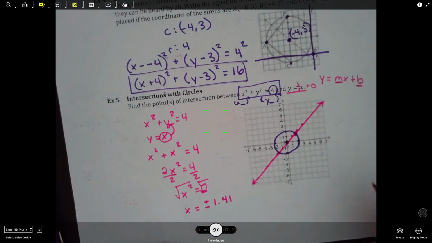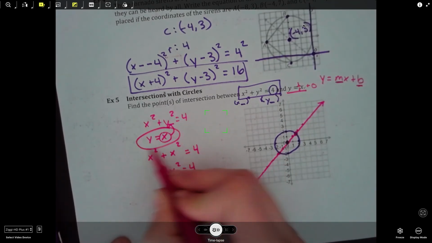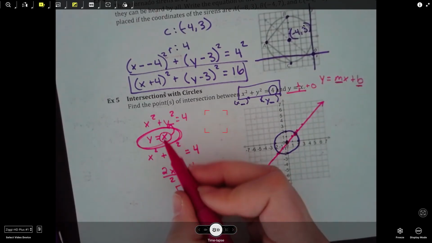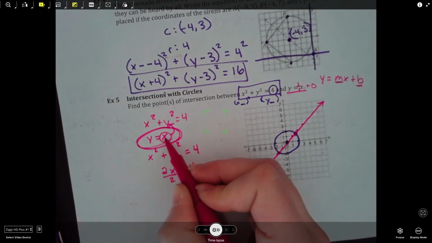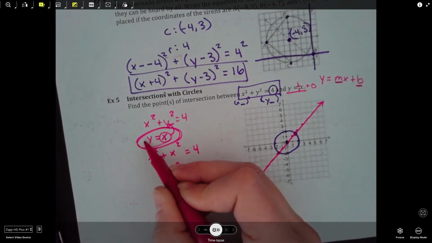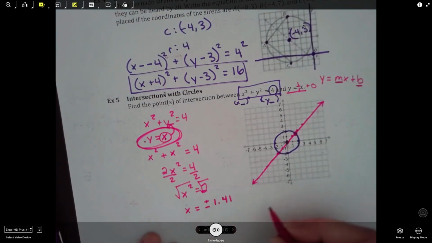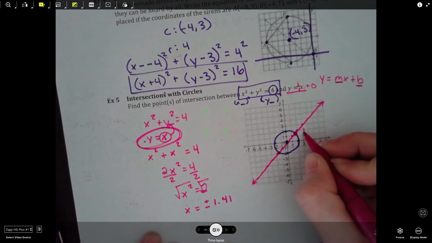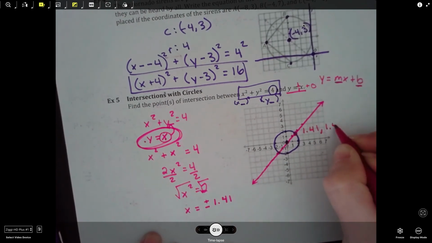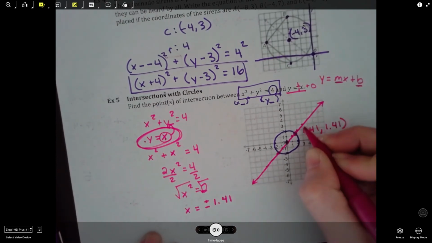Now, from my original equation, y equals x, I know that if I plug 1.41 in for x, the y-coordinate is going to be exactly the same value. So this is the coordinate point 1.41 comma 1.41. The x-coordinate is the same as the y-coordinate.